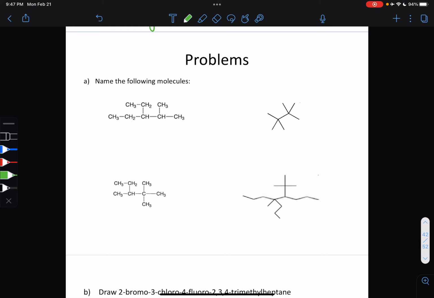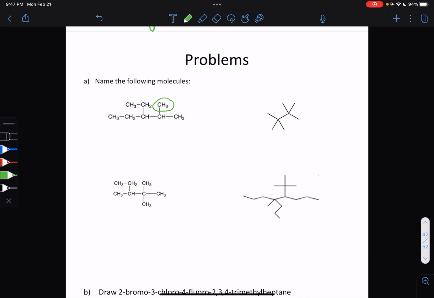Okay, so let's name the following molecules. What we're going to do here is figure out if we're going to number forwards or backwards. On the top left, just by looking at it, you can see that we're going to number backwards because our first branch will come on carbon 2.